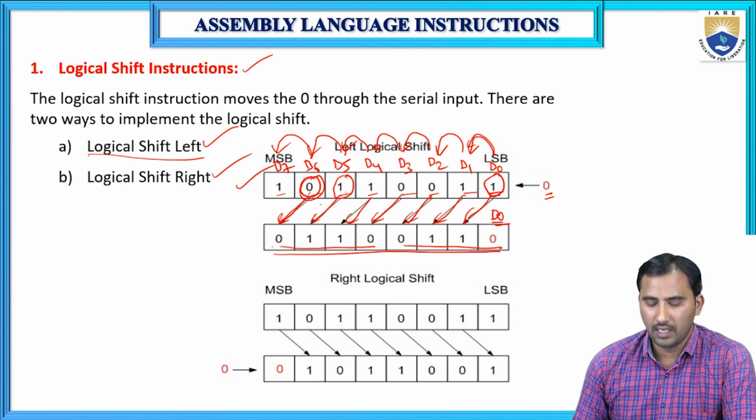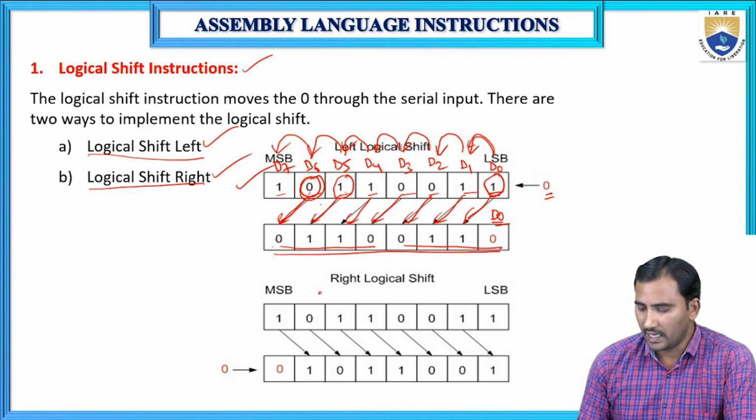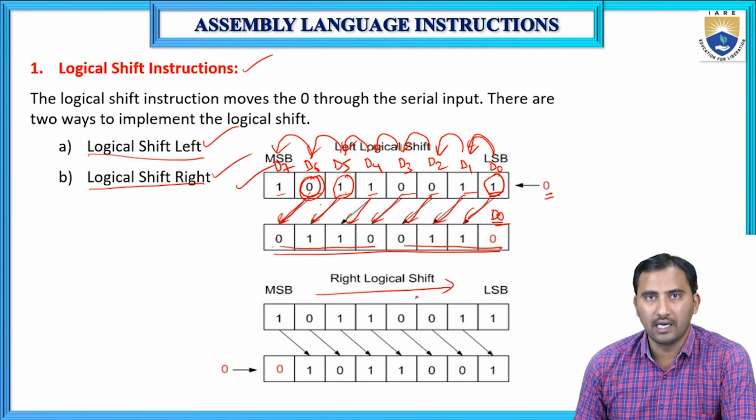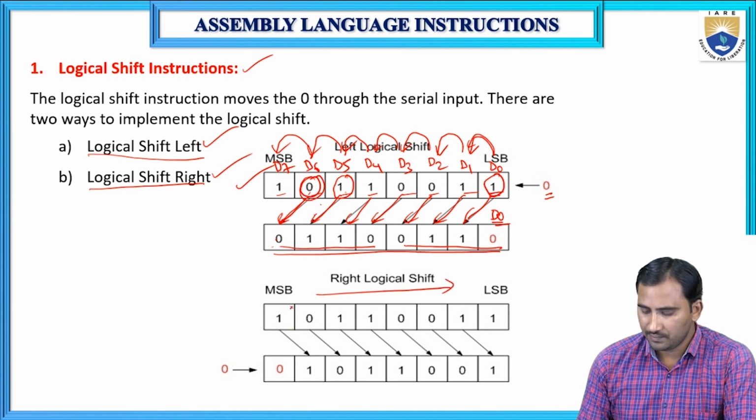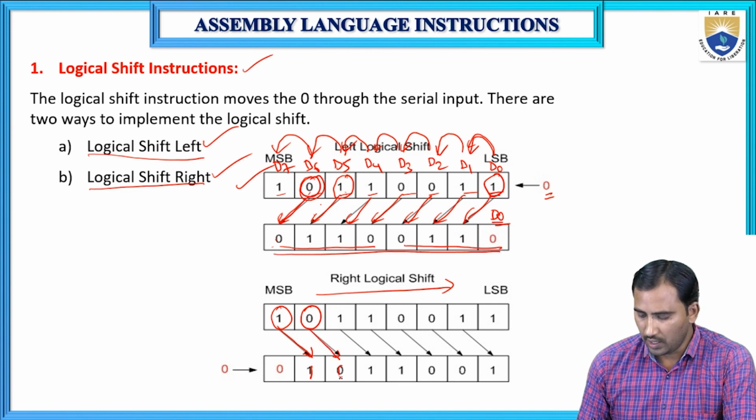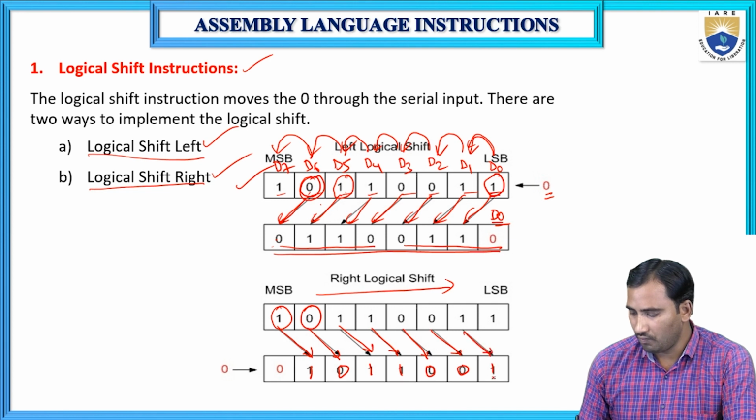Similarly, we can also perform the logical shift right. So that means instead of shifting the data to the left, we are shifting the data to the right side. Okay. So right side means in this way we are shifting the data. So this one we copy to here, and 0 will be copied to here, and 1 here, 1 here, 0, 0, 1.